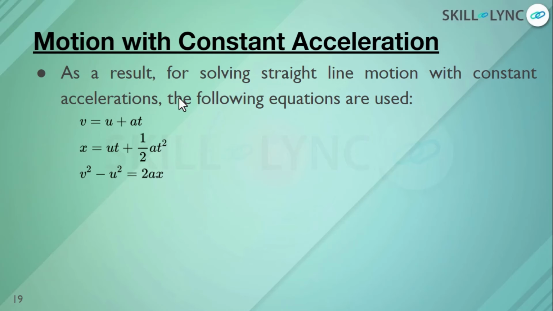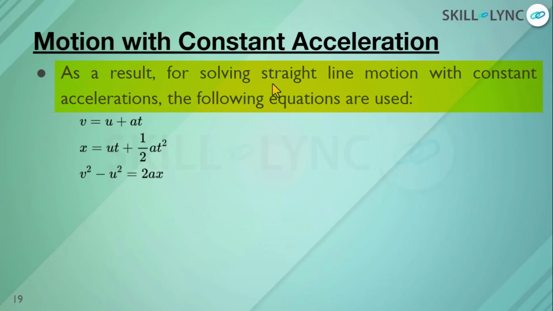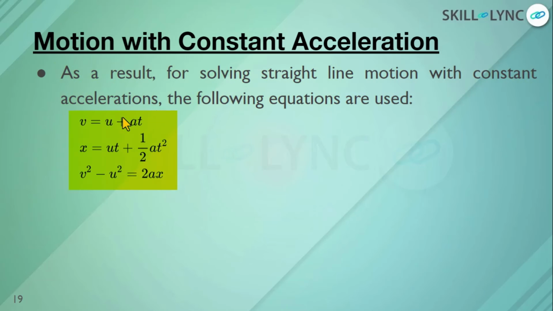Thus, as a result, we can see that for solving a problem of straight line motion with a constant acceleration, the following equations can be of use. Equation 1, v is equal to u plus at. Equation 2, x is equal to ut plus half at square.